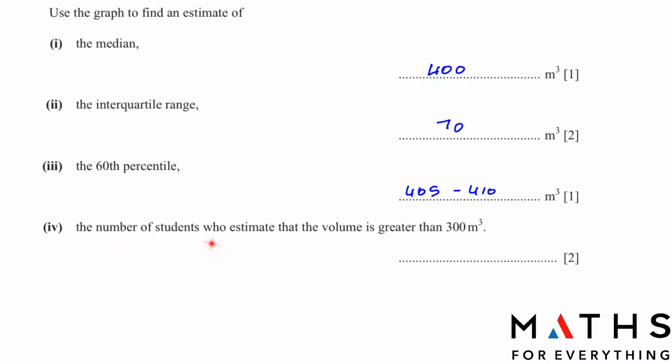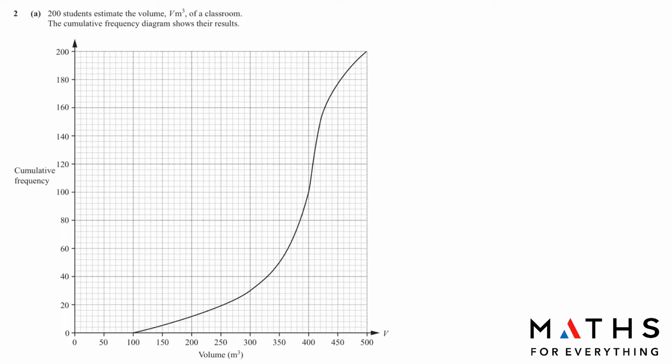The last one: the number of students who estimate that the volume is greater than 300 cubic centimeter. In this case, we have to look at the x-axis, more than 300 cubic centimeter. So 300 is here. From here, if we draw a line to the y-axis, you can see it is between 40 and 20, so that is 30.